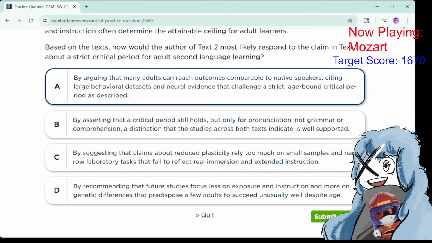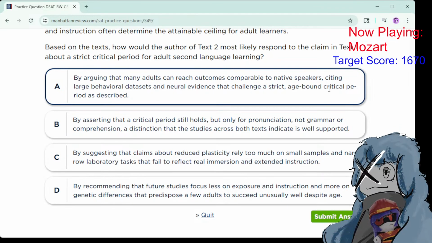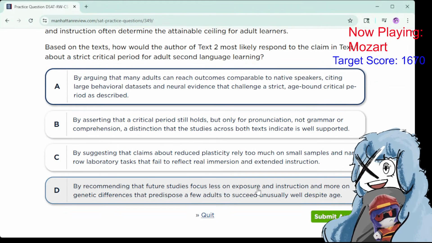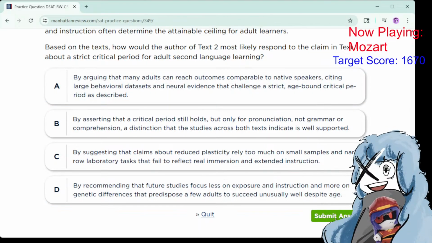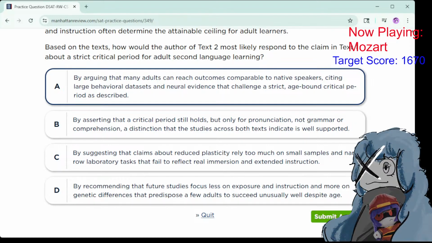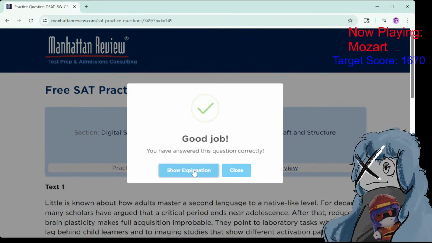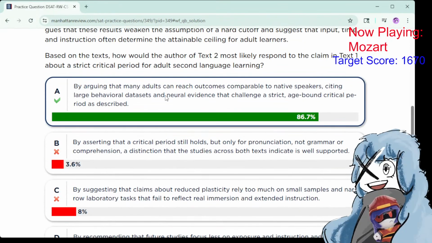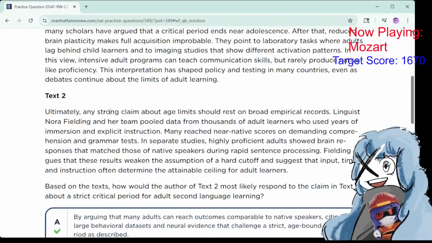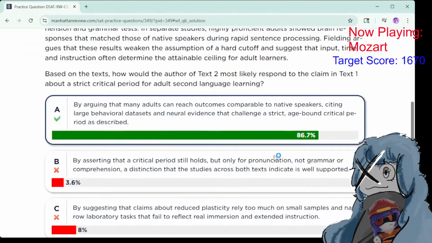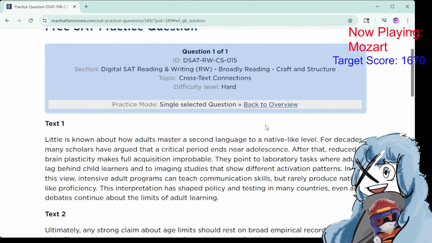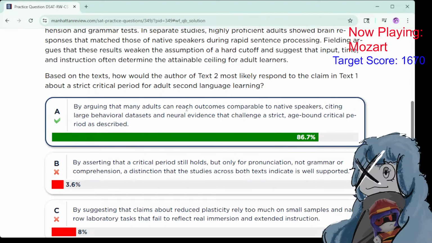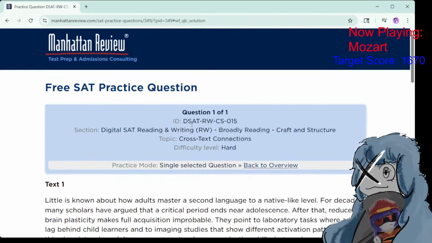I feel like A is much more connected to their argument. Recommending that future studies focus less on exposure and instruction and more on genetic differences. Yeah, that's not true. A. Good job. It seems like this one's pretty much agreed on A. Really, whether it's the hard ones, they're all like high score good, low score bad.